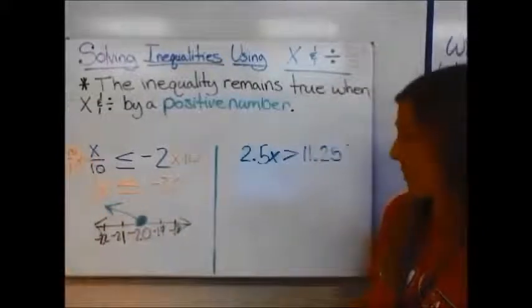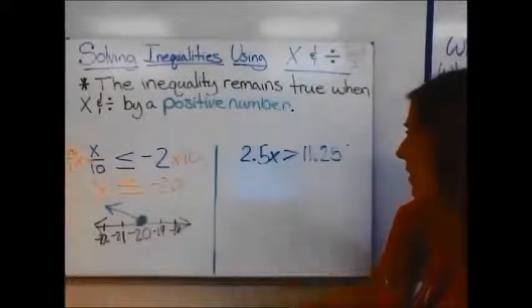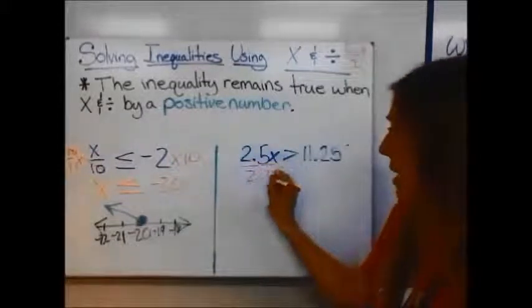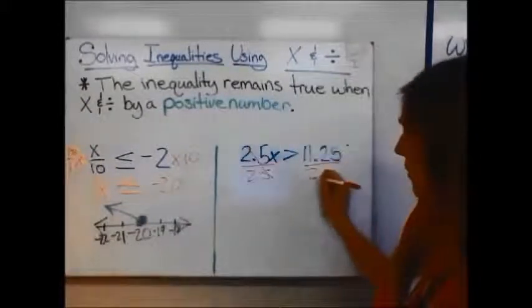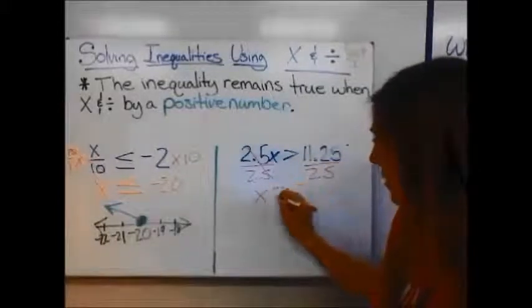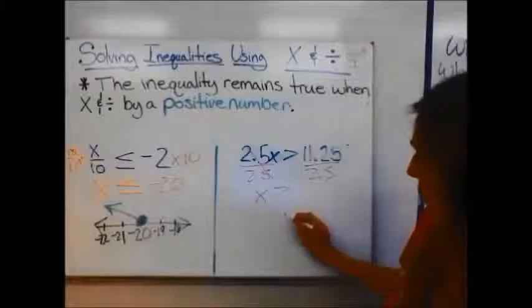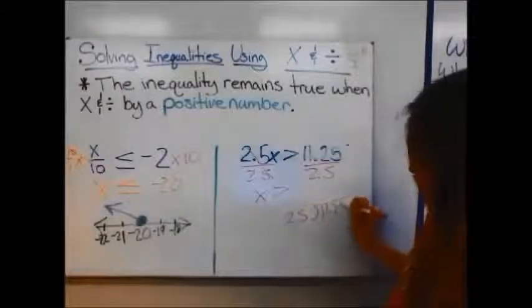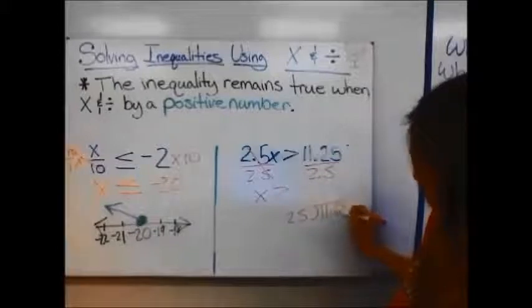All right, let's look at this example. 2.5x is greater than 11.25. I'm going to divide by 2.5, divide by 2.5. X is greater than, let me work this out, 2.5 into 11.25.